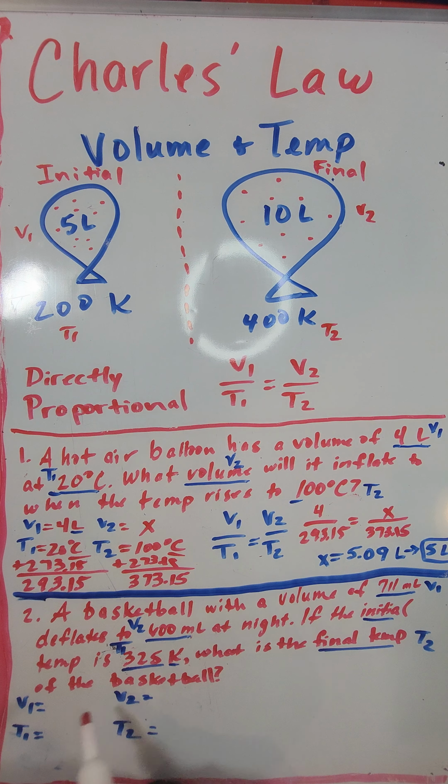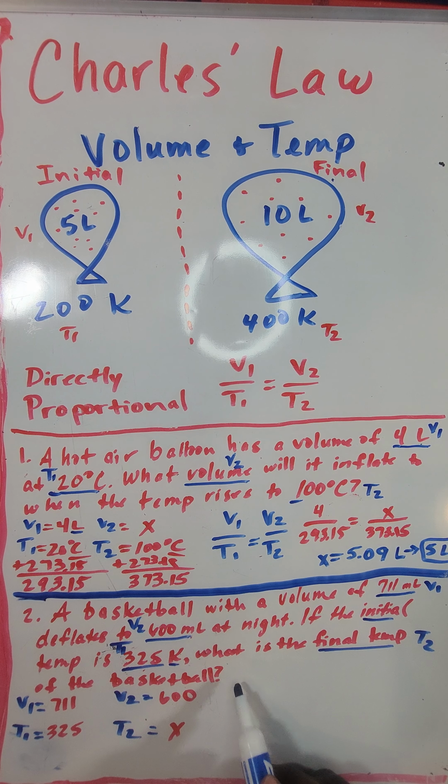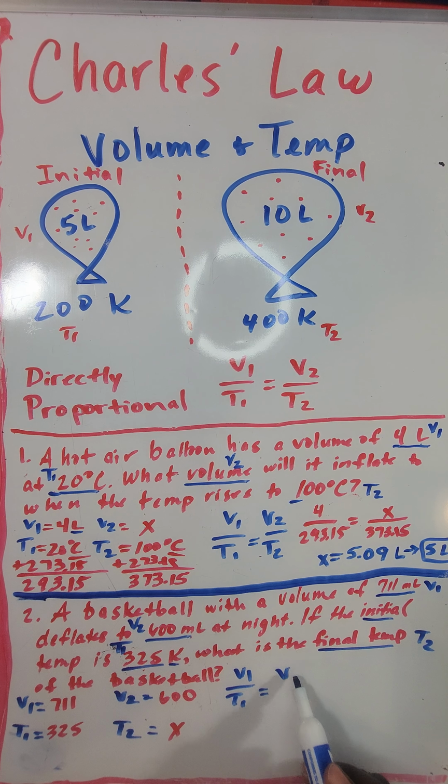So V1 is 700, V2 is 600, T1 is 325 and T2 is X. I'm going to use the same formula because all we have are volumes and temperatures. So we're going to go V1 over T1 equals V2 over T2.